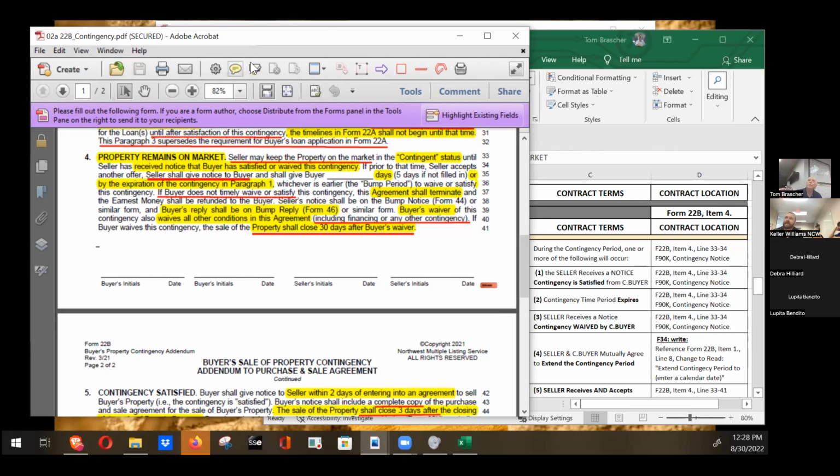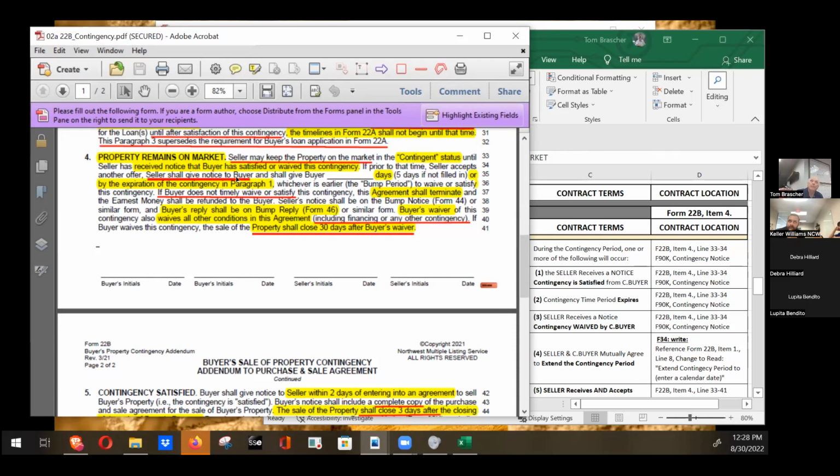So here we have seller keeps property in a contingent status. And the seller receives notice that a buyer satisfied or waived the contingency, and they're waiting for that to happen. And while that's going on, prior to that time, the seller accepts another offer.